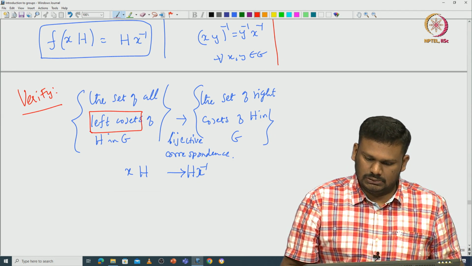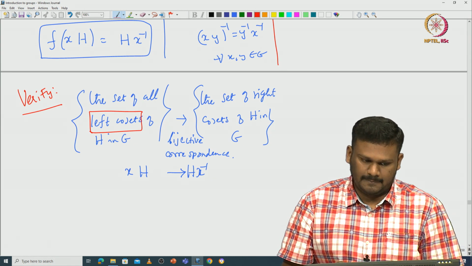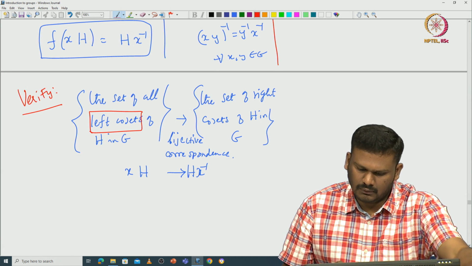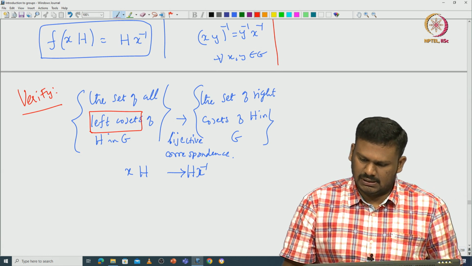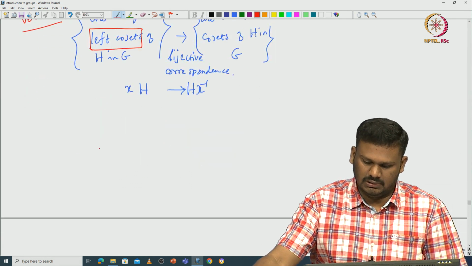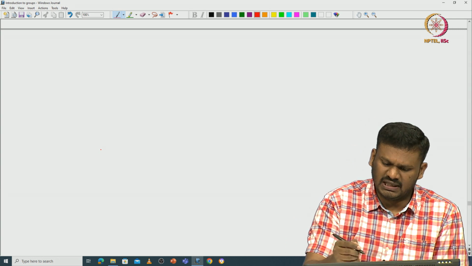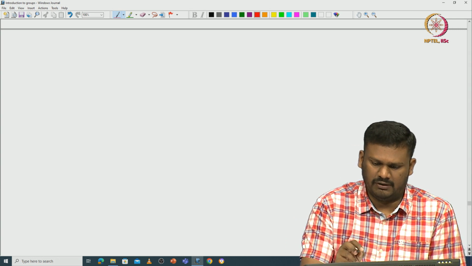Now let us go back to our examples, where we have made some very important observations. Let us recall what observations we made.